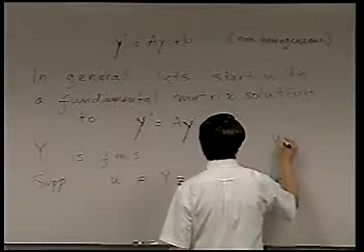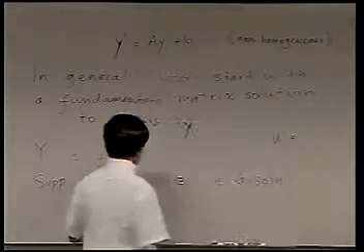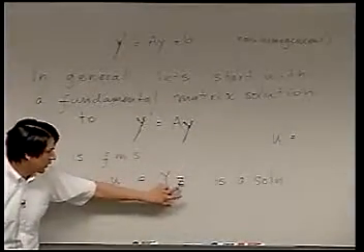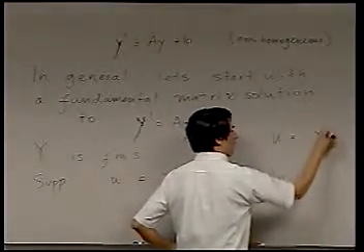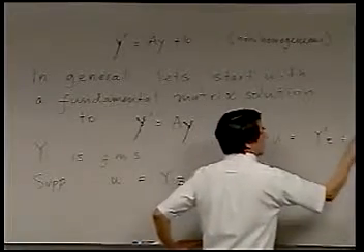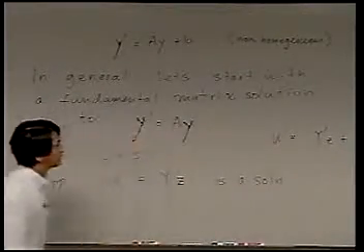We're going to apply here the product rule. u prime will be the derivative of the first times the second, plus the first times the derivative of the second.